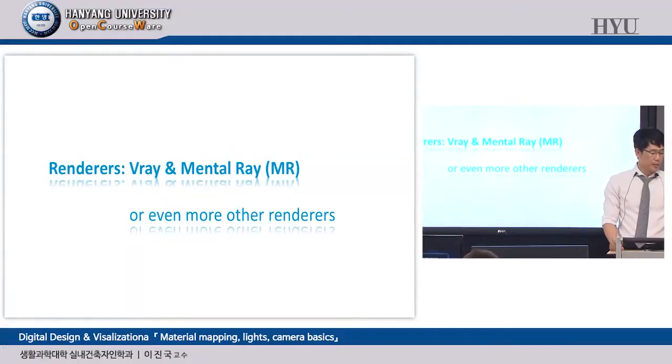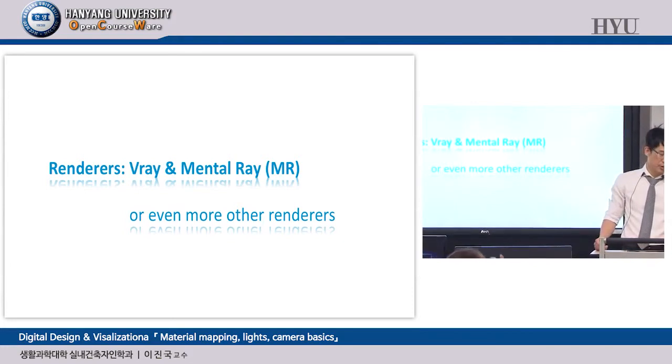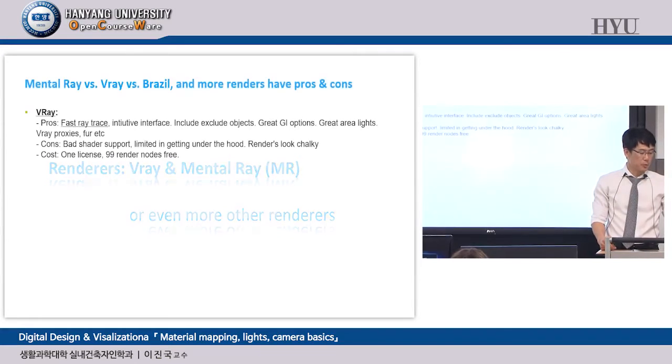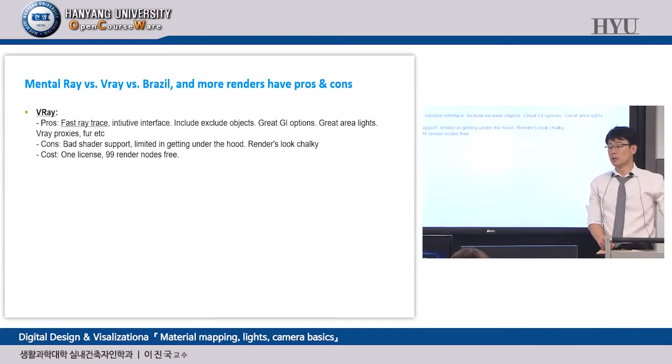Renderers, V-Ray and Mental Ray, MR, or even any other renderers. So what are their main characteristics? What are the salient features of those renderers? Mental Ray, V-Ray, Brazil, more renderers. Nowadays there are many free, powerful renderers available as a plugin of a 3D geometric modeler.